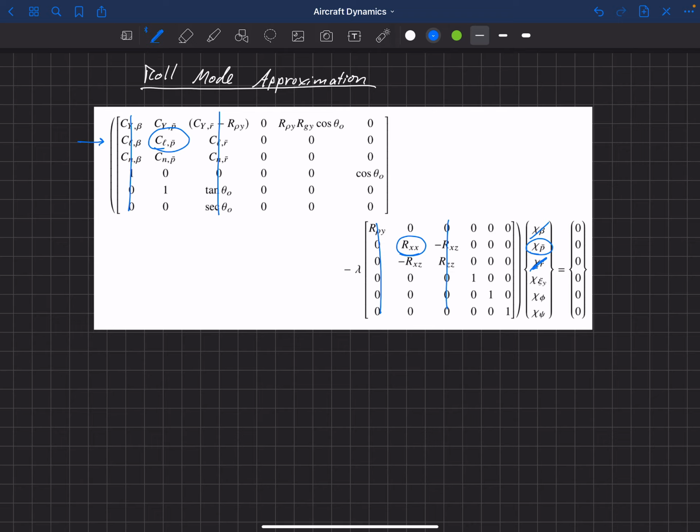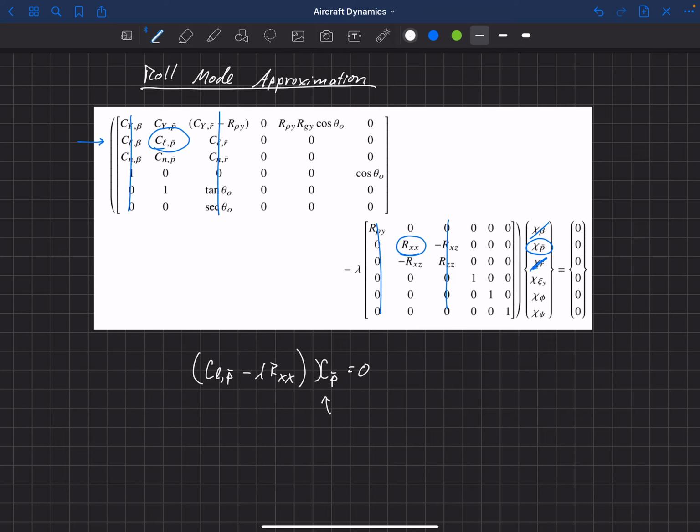And so we can write that as CL comma P bar minus lambda times RXX, and that whole thing multiplied by chi of P bar equals 0. So that's that second equation now. And again, one of the solutions is that chi equals 0, but that's the trivial solution.